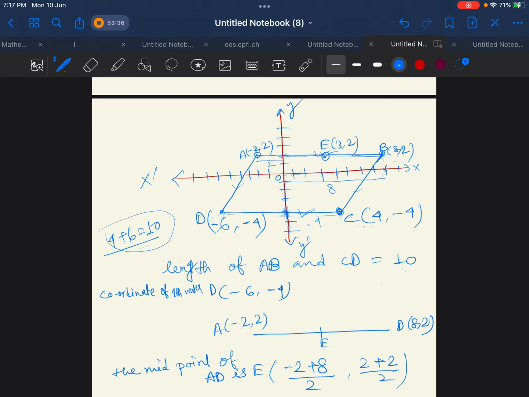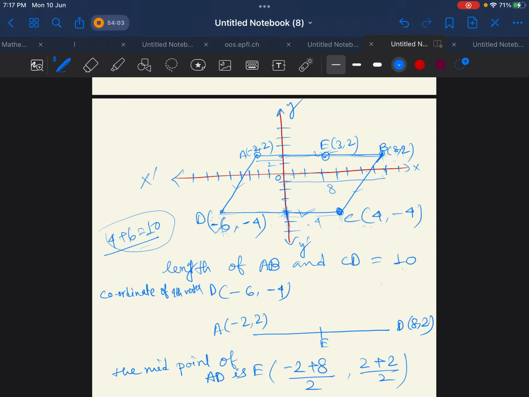Then we get the total length of CD is 10. Okay, so this point is in the third quadrant, where the value of x is always negative, so this is minus 6.